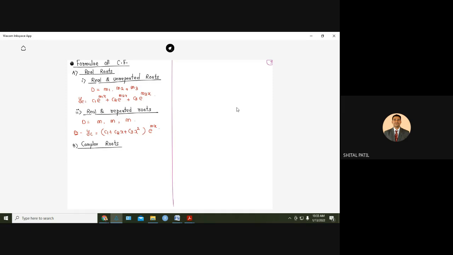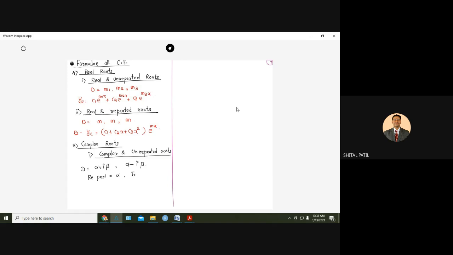Complex roots. Complex or imaginary. Complex and unrepeated roots. Say D equals alpha plus i beta, alpha minus i beta. So 2 roots are there. One is alpha plus i beta and the other is alpha minus i beta. So right here, real part is alpha.